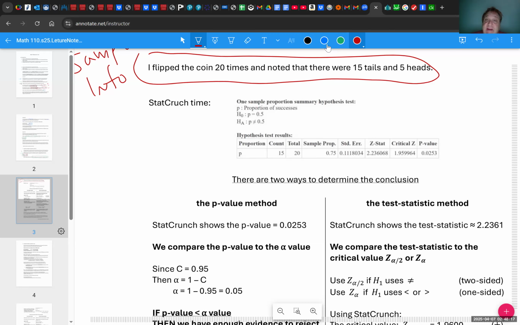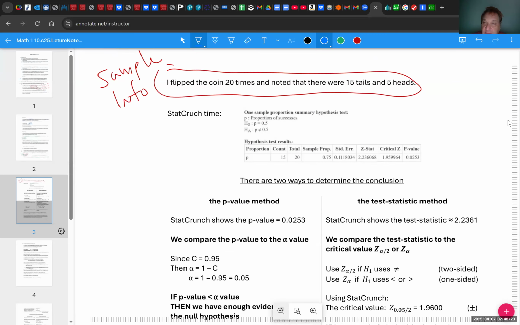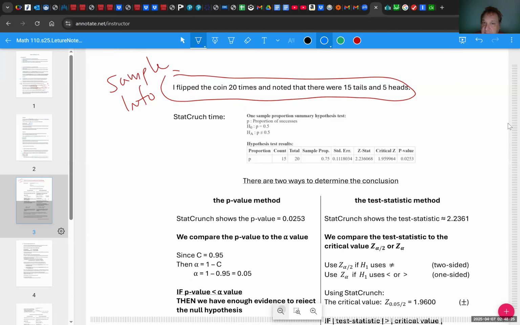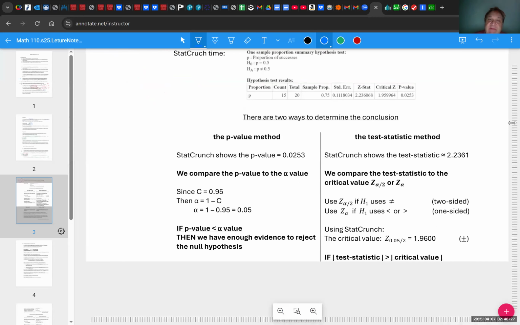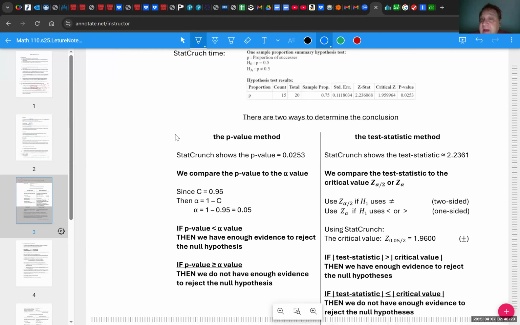On the left-hand side here, we have the p-value method. Let me shrink this down a little bit and scroll. For the p-value method, we need a p-value, and the p-value is shown right here on the StatCrunch readout. It is 0.0253, and that is related to a percentage. So you could say that the p-value is about 2.5%.